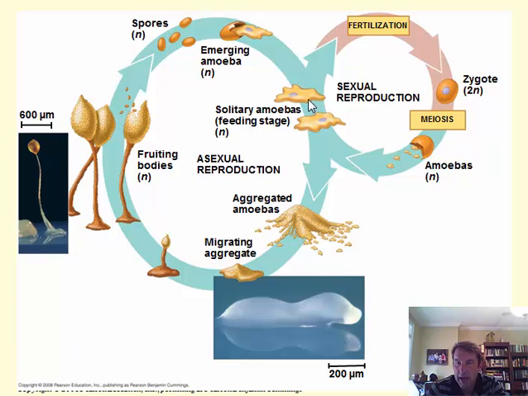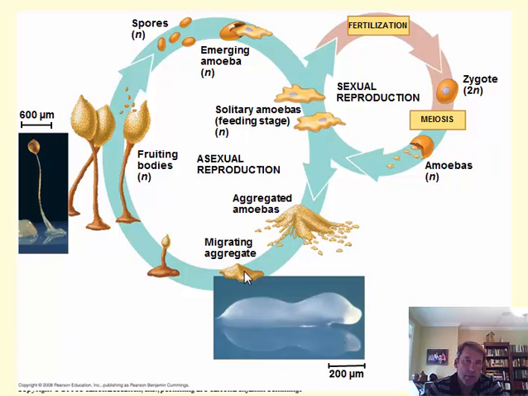And they form a mass, again, similar to the plasmodium, but in this mass, it's an aggregated group of cells that are individual. So these cells are divided by membranes that separate the nuclei.